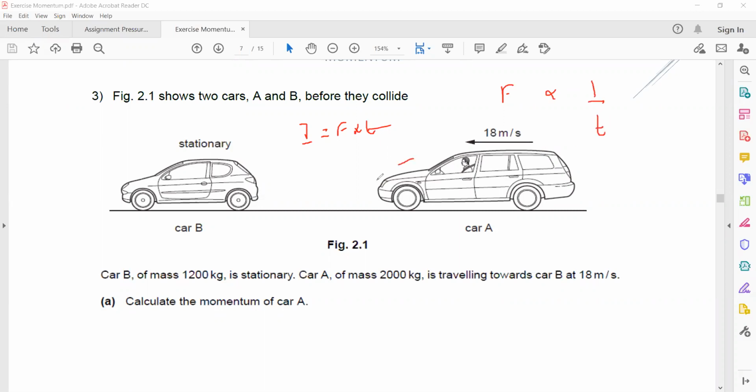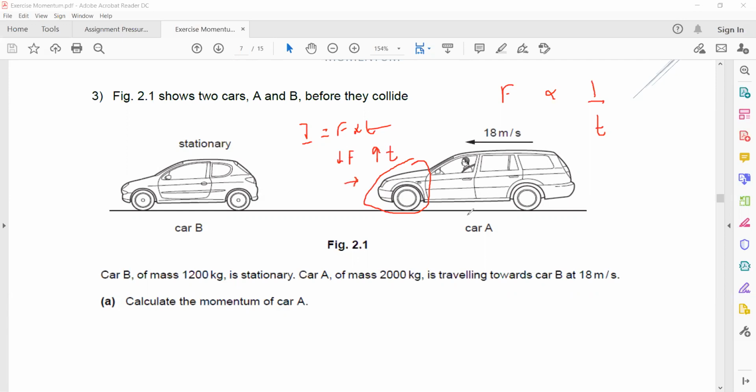So if these cars are designed with what is called a crumple zone, when there's a crash, they will take more time and absorb energy as they crumple or deform. So as the body of the car deforms, it will increase the time for the object to stop. As it increases the time to stop, the force which the car will experience will decrease.